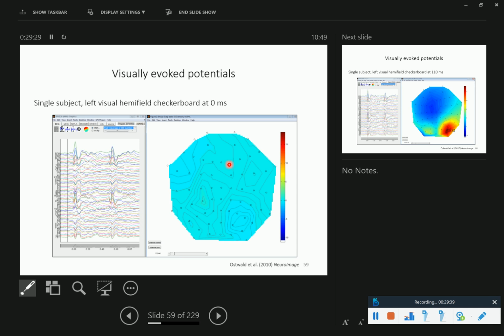Of course, there are different ways to do spatial interpolation, so what you then get is a view of the potentials as they are extended over the scalp, and these views are always oriented in the way that you look from above, and the participant's nose is here and the back of the brain is here. Of course, there's a problem, because these electrodes are on essentially a sphere, and you now look at a 2D projection of that.